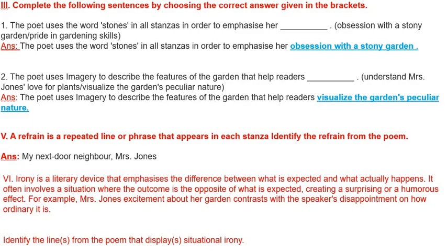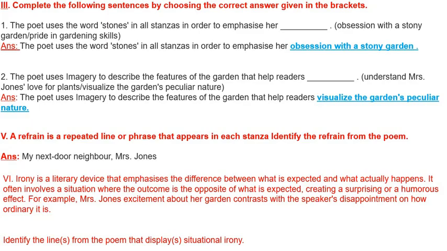The poet uses imagery to describe the features of the garden that help readers visualize the garden's peculiar nature. A refrain is a repeated line or phrase that appears in each stanza. Identify the refrain from the poem. The answer will be my next door neighbor, Mrs. Jones.